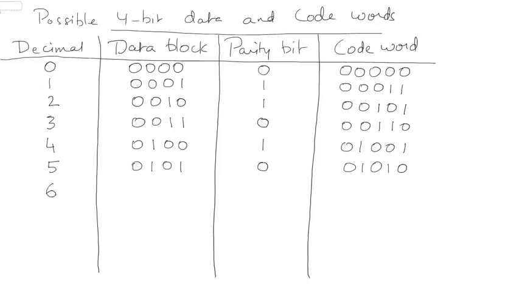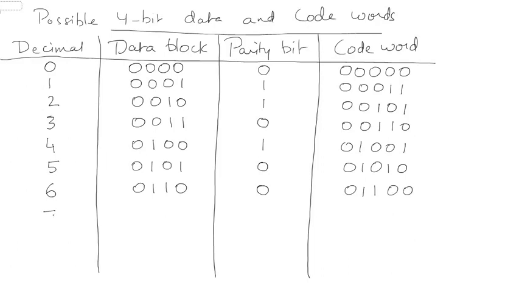For decimal number 6, it is 0, 1, 1 and 0. Here also even number of ones are there, so no need to add extra 1. So put a 0. So the complete code word is 0, 1, 1, 0, 0.